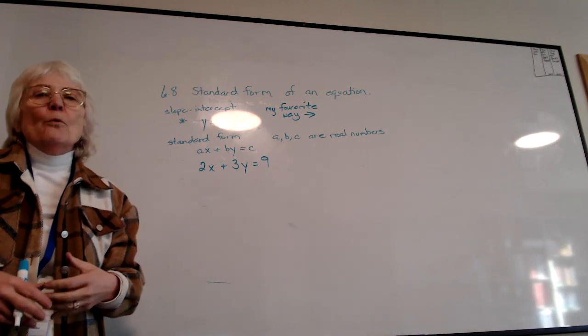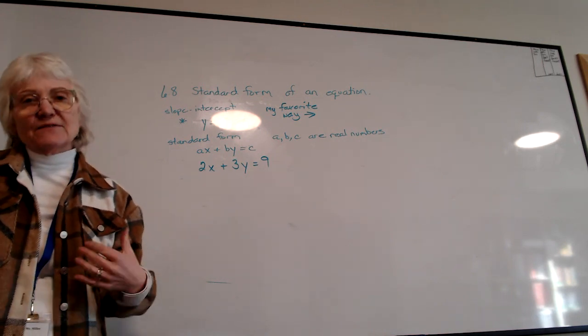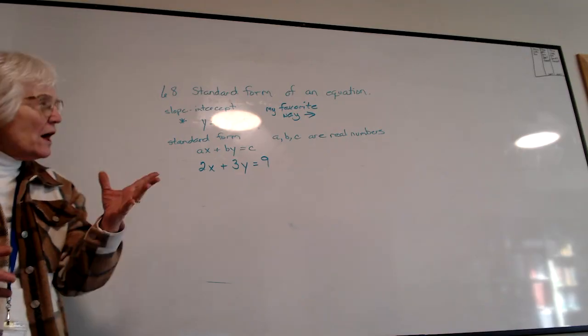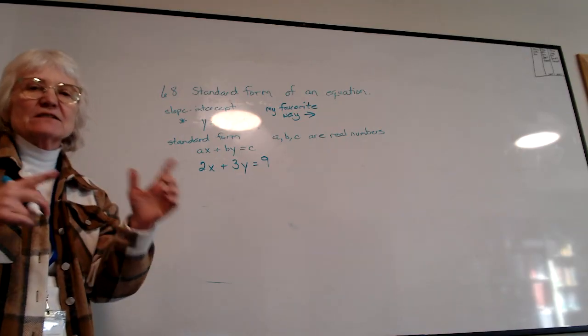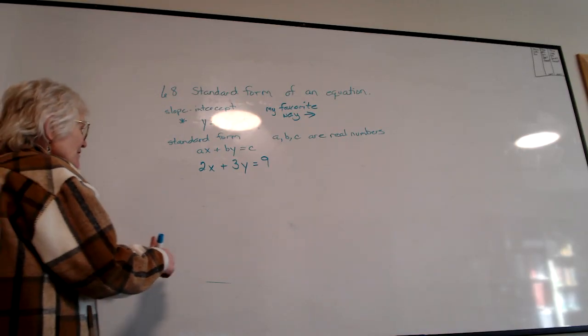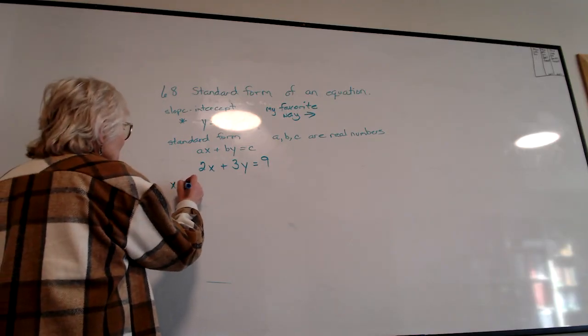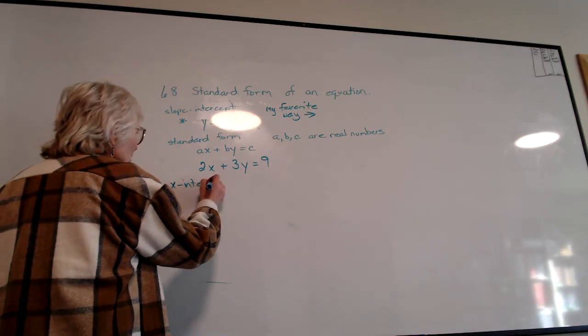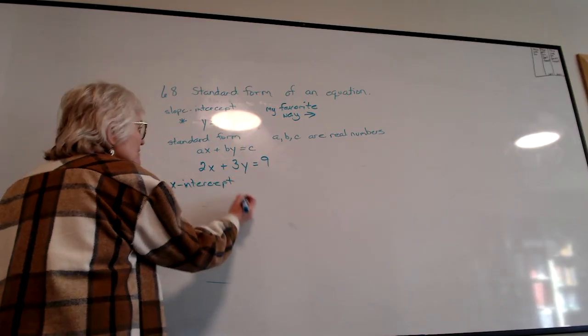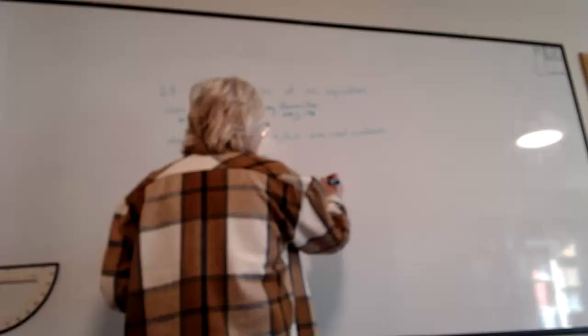Now, there's a couple things we can get from the standard form. One, we can find the x and y intercepts from the standard form. So we can find the x-intercept, and we can also find the y-intercept.